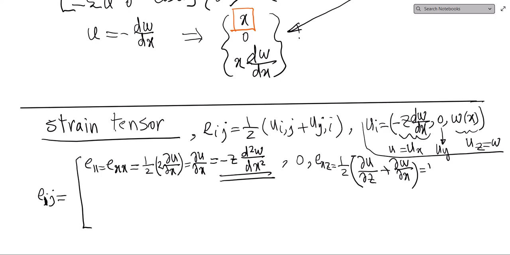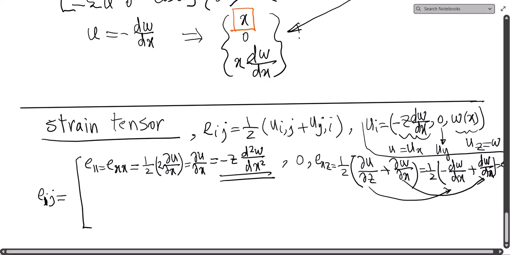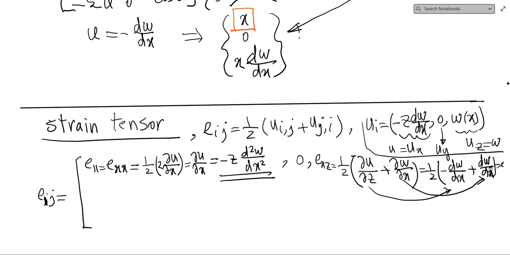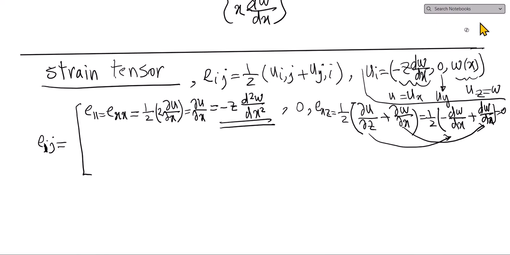Now this becomes what? du/dz is minus dw/dx, and this is plus dw/dx, so this is 0. That is a very important conclusion in Euler beam theory, that this xz, I will explain it. Let me write the rest of the components, is 0 actually.